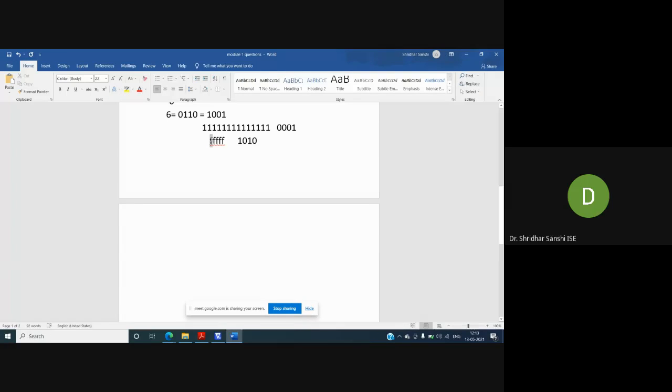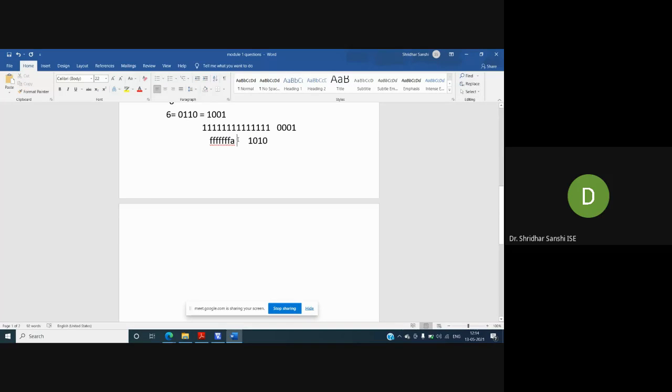So we have 7 Fs, and 10 indicates A. This is how we need to convert negative values to hexadecimal.